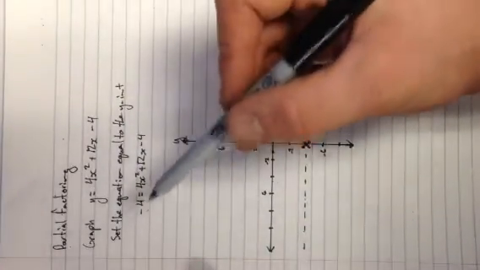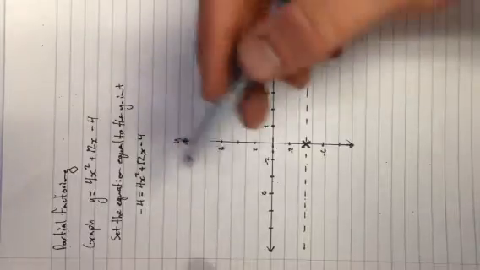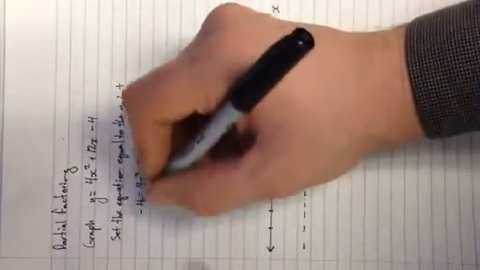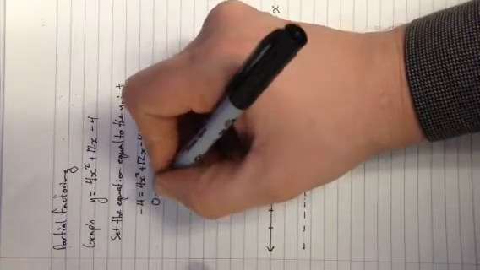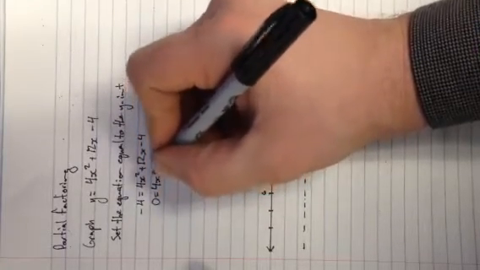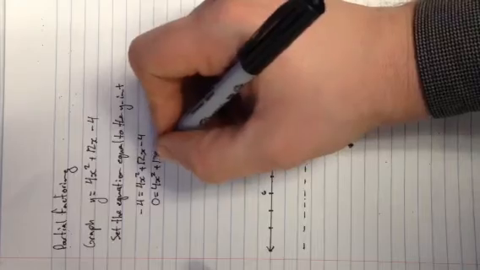Now, because both sides of the equation contain a negative 4, it's a moot point. We can ignore it. We just add 4 to both sides and they cancel out, and so we end up with 0 equals 4x squared plus 12x.